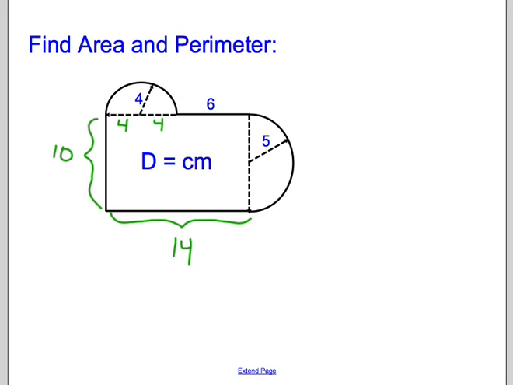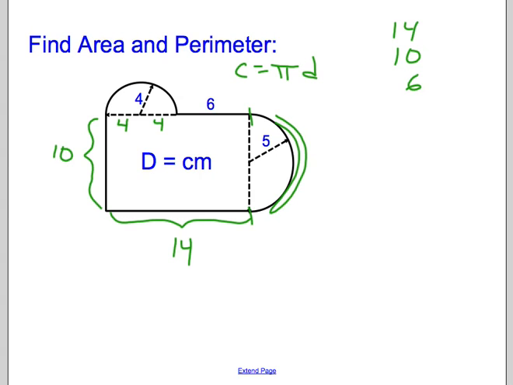Good, Carlos. Okay, so now we have 3 of our parts. We have 10, 14, and I'll just write those out. And I also have this length of 6. So I'm going to put that in. Now I need to find the circumference of the semicircles of each of these. So circumference is pi d.